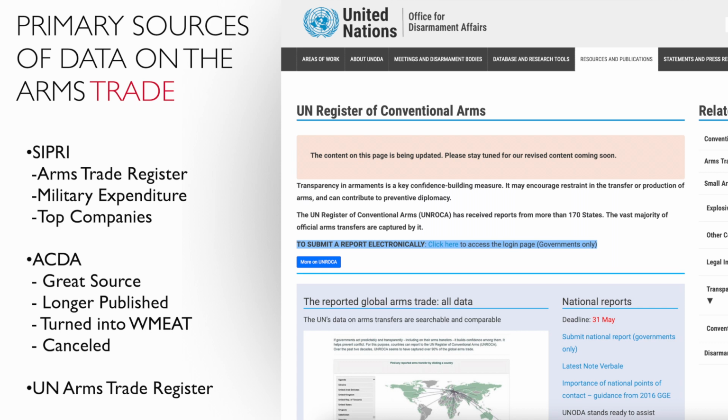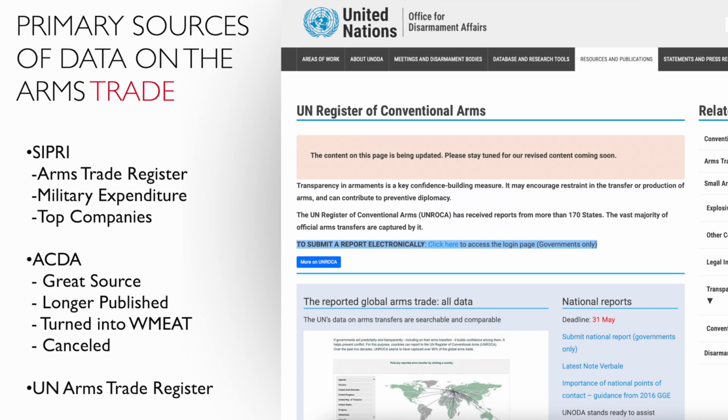This is one thing that you have to keep in mind with any arms database that you're going to look at, whether it's SIPRI, the UN Arms Trade Register, or the WMEAT. All these are voluntary numbers. So states aren't required to report every year. So that's something to keep in mind. And that really comes down to developing states are usually less likely to report. Other states have other reasons not to report as well, but we'll go over that in the next slide.